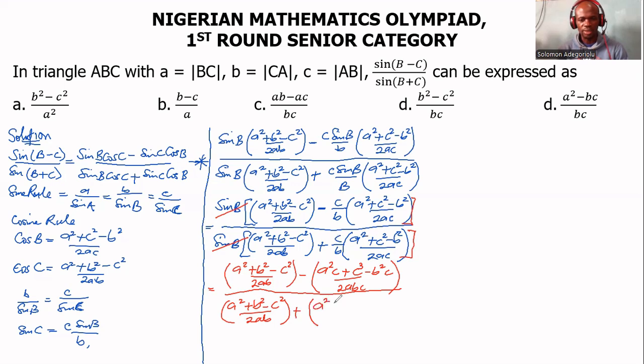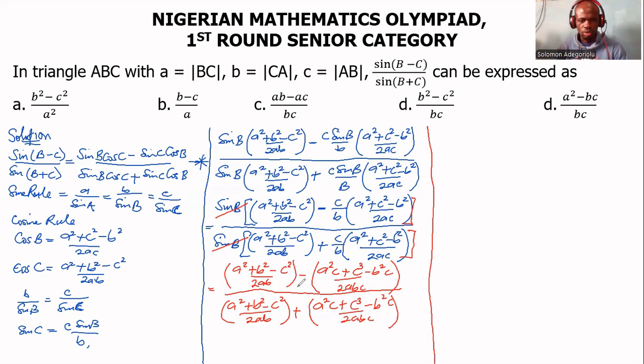That's A squared C, then plus C raised to power 3, then minus B squared C over 2ABC, close the bracket. All right, now from this part, what do we do? Let's draw a line here to continue from the next part.